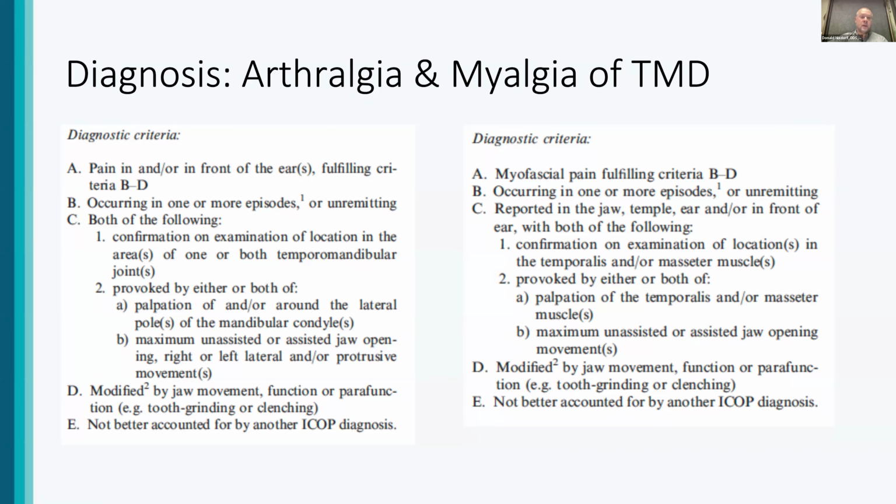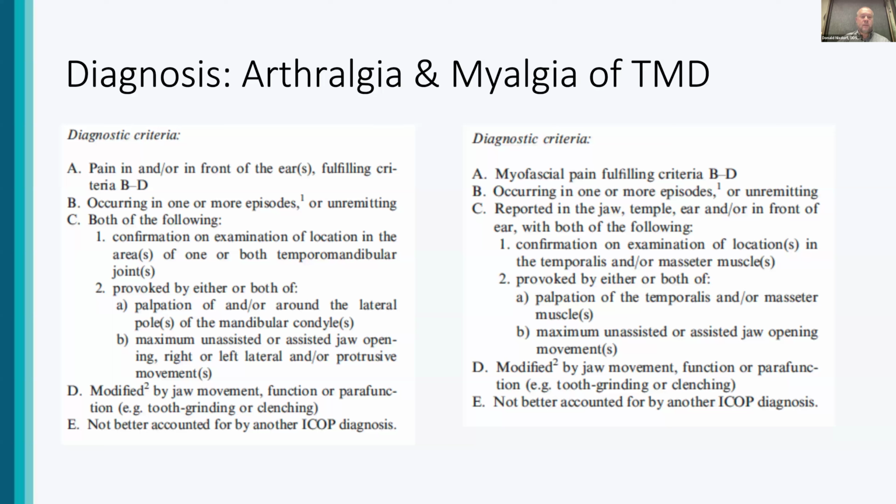And we in the field of orofacial pain are moving to try and harmonize our diagnostics and the process with our headache neurologists to try and get rid of some of the complexity associated with the different disciplines, so that we're speaking the same language, using the same structure.